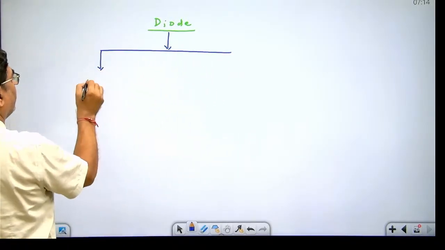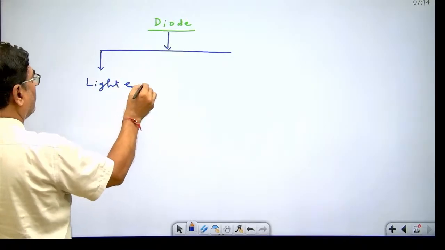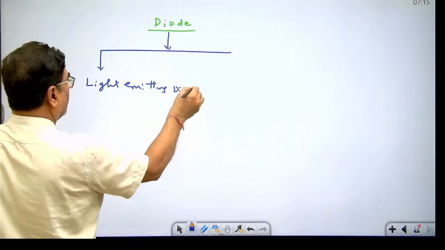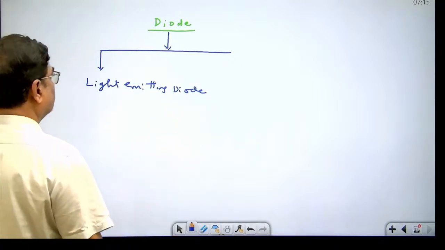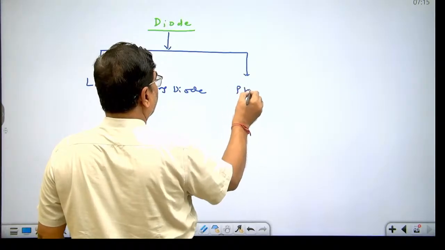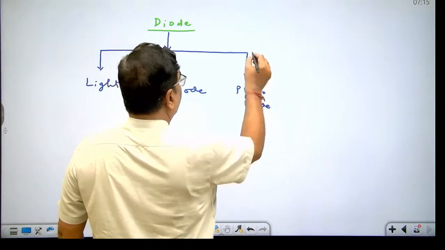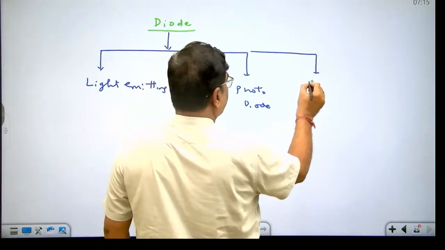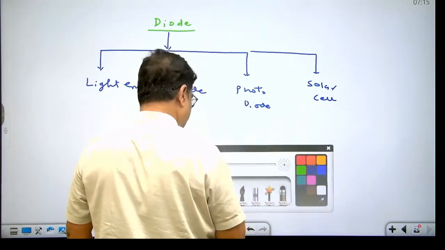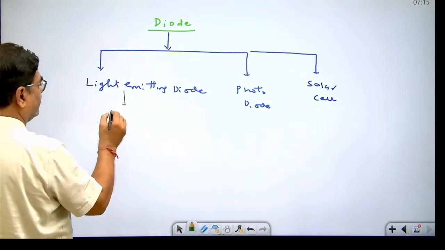First is light emitting diode. Second is photodiode. Third one is solar cell. The light emitting diode acts in forward bias.